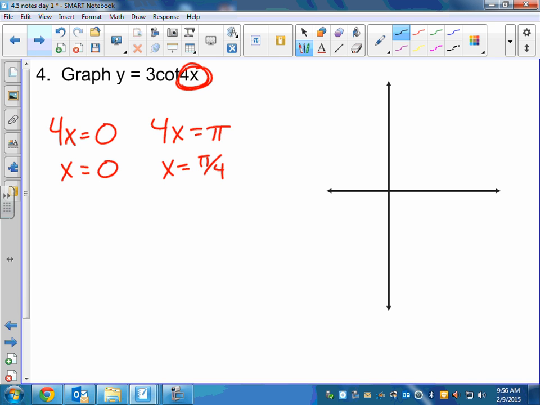If I do 0 and pi fourths, right? 0, pi fourths. How far would my next asymptote be? Because that's just a period of pi fourths, right? So another pi fourths away from that would be pi halves.